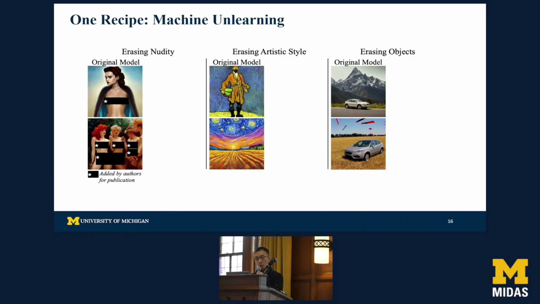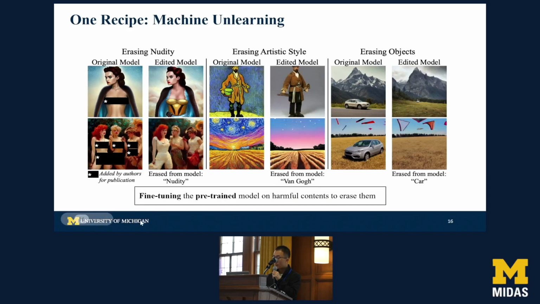What people do in practice for machine unlearning is fine-tune the model on the harmful content to remove it. For example, we can fine-tune the pre-trained model on harmful content to prevent it from generating a nude woman, a certain flying girl style for copyright infringement, and we can remove an object from the data.